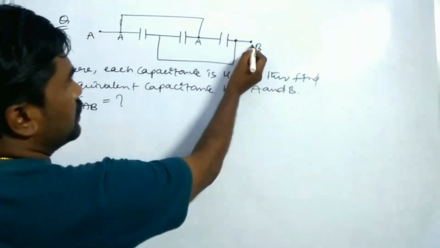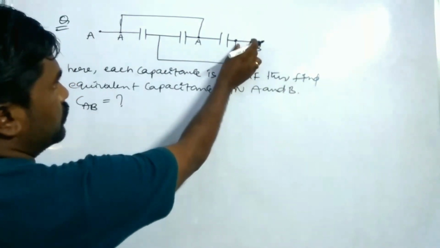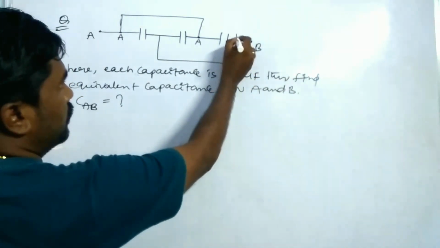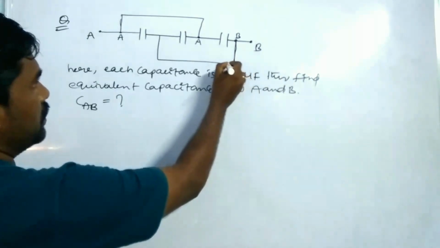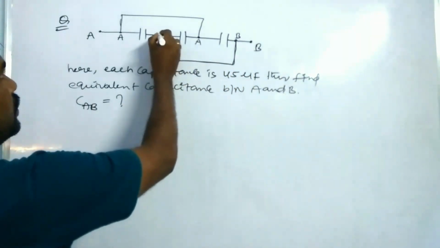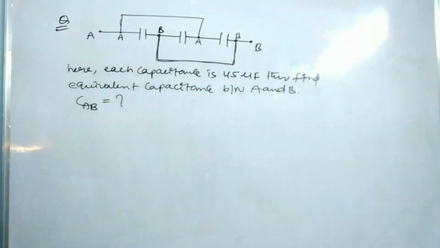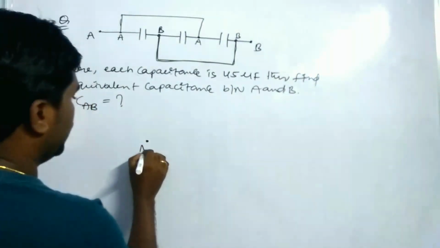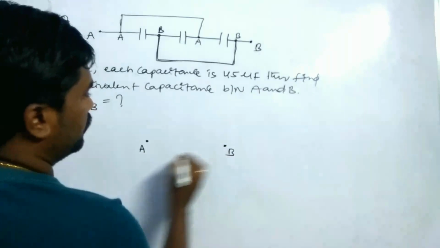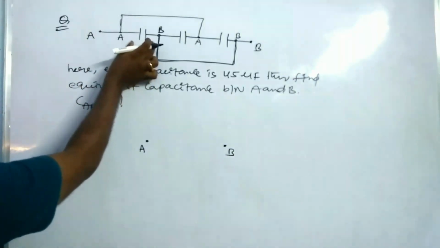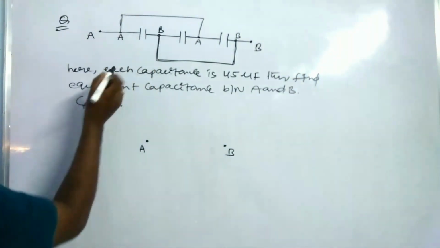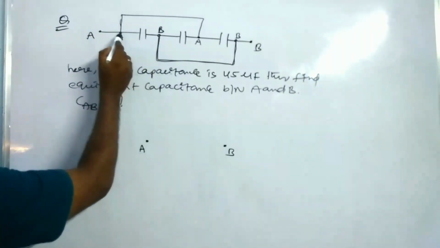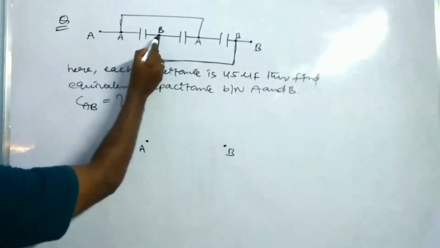If it is B, because there is no connection between these 2 points, this is B. And if it is B, this can be B, right? So now the redrawn diagram is, this is the point A, this is the point B. There is a capacitor from A to B.